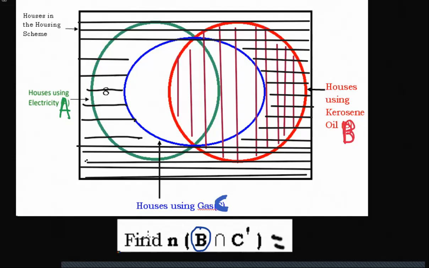Now look for the symbol. What's the operation in the middle? It's intersection. What does intersection mean? It means the area common to B and C complement. So what's the area common to B and C complement, where you see both type of lines, the vertical ones and the horizontal ones?